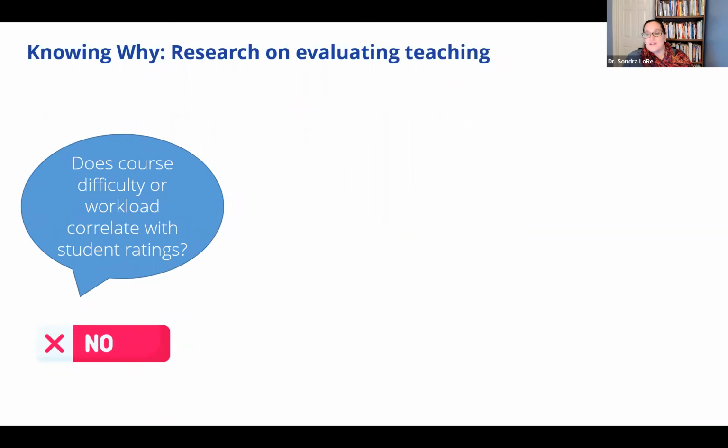No, students aren't fools. They rate teachers based on their relationships and feelings of sense of belonging. Just because they have to work harder in one course or have more homework in one course doesn't mean they're going to score that teacher lower.